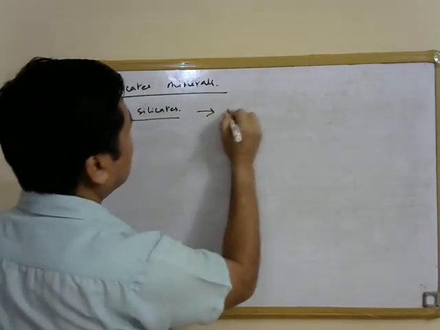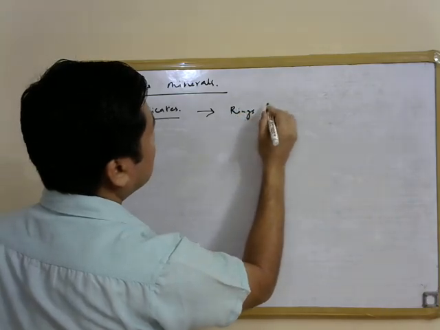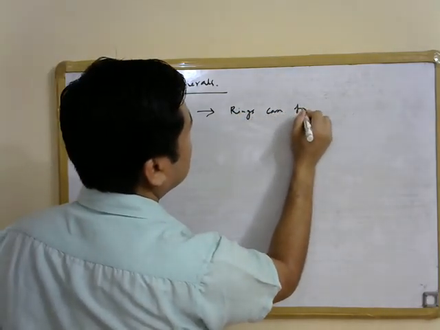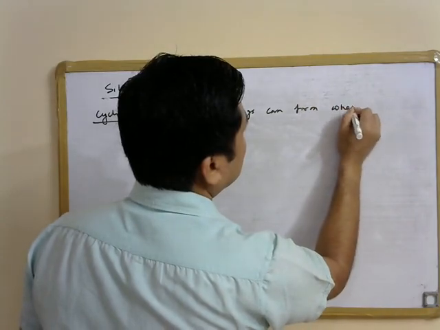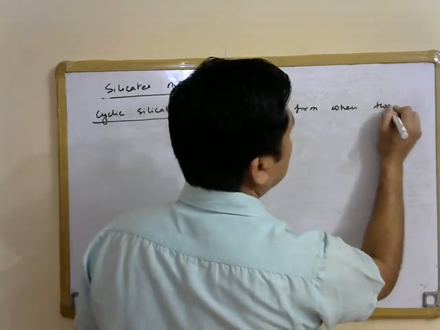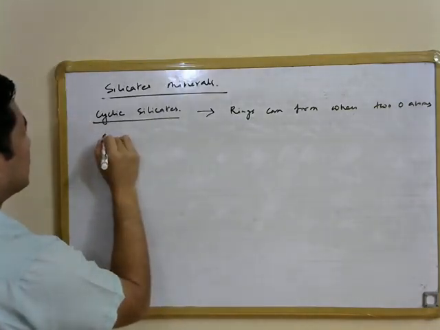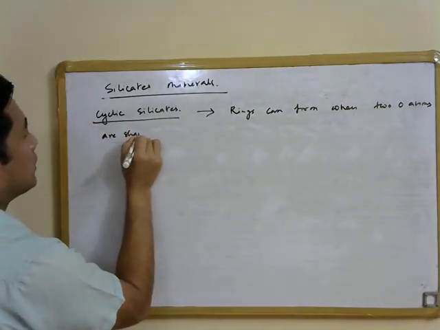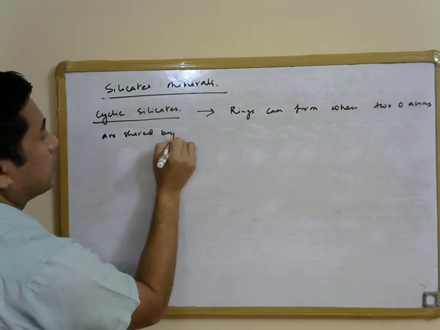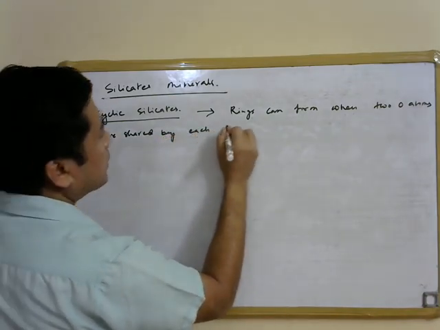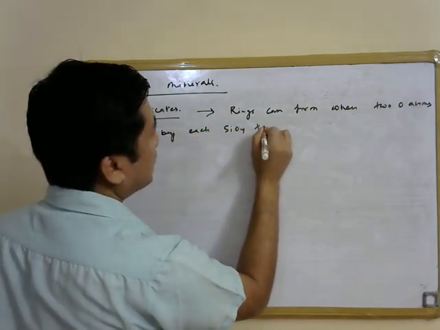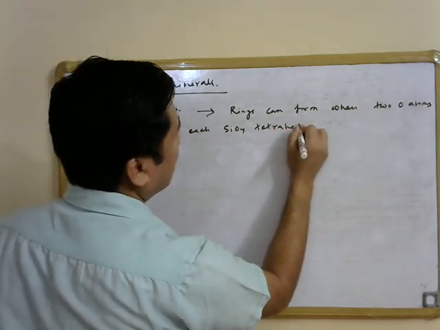So rings can form when two O atoms are shared by each SiO4 tetrahedra.